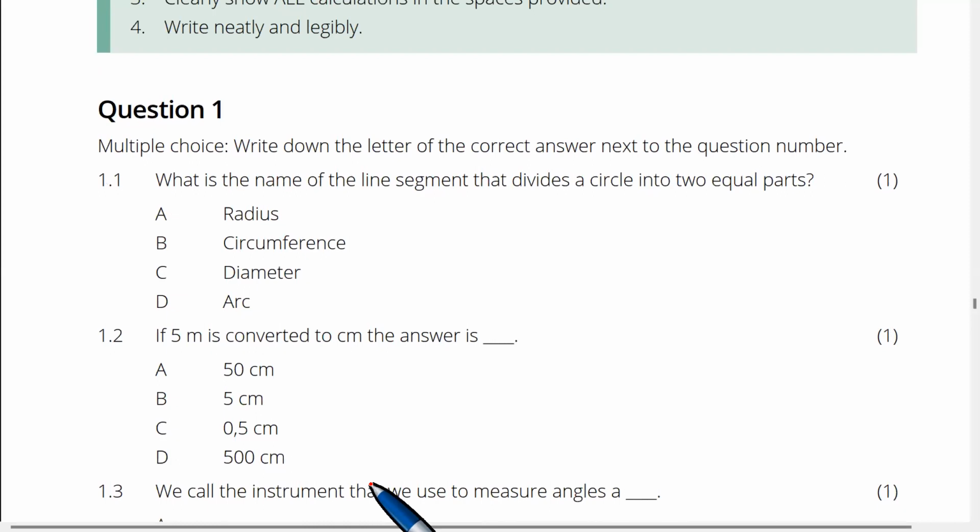I have more multiple choice questions that can be solved here. Multiple choice, write down the letter of the correct answer next to the question number. What is the name of the line segment that divides a circle into two equal parts?